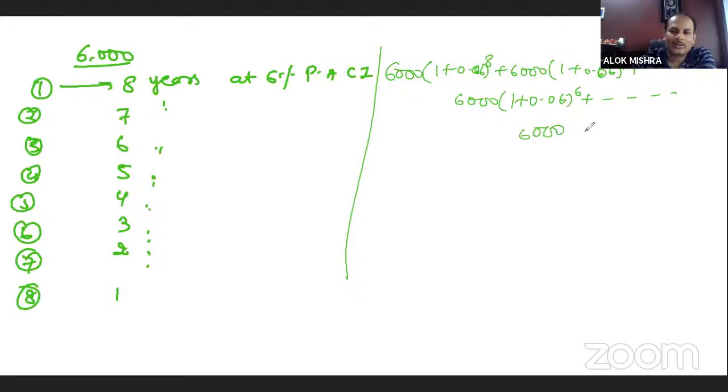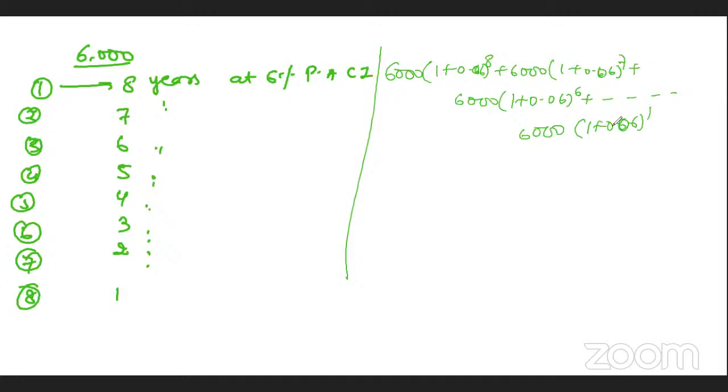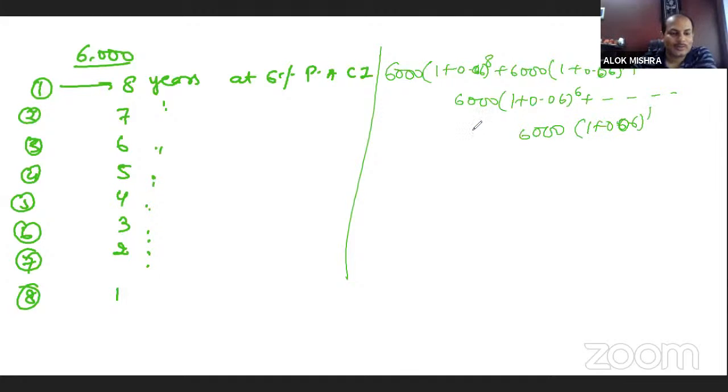Finally, it's 6,000, 1 plus 0.06 to the power 1. It means I have to calculate 8 times. If I have to calculate the question of EMI, then I'll have to calculate 120 times, isn't it? A tough task to do.